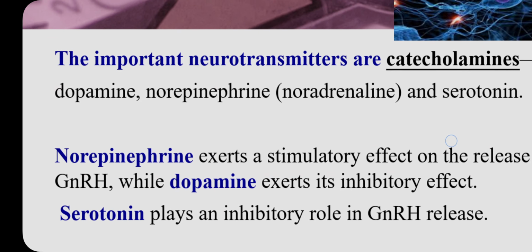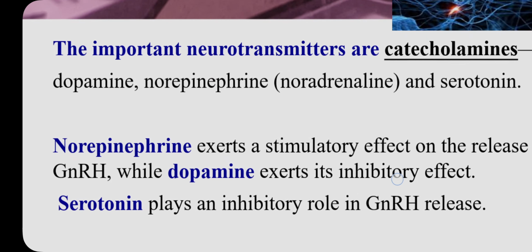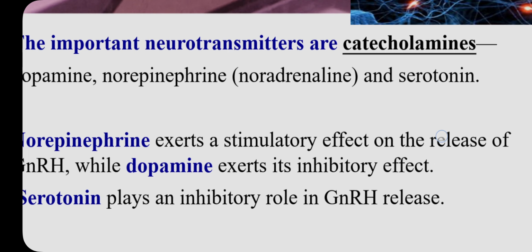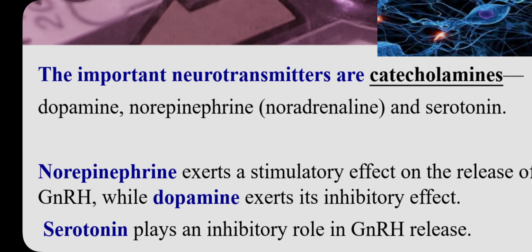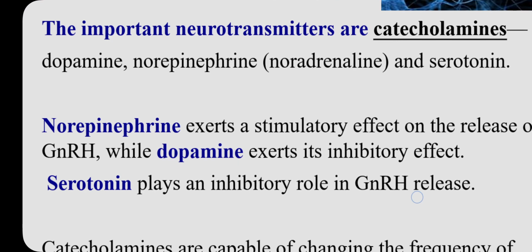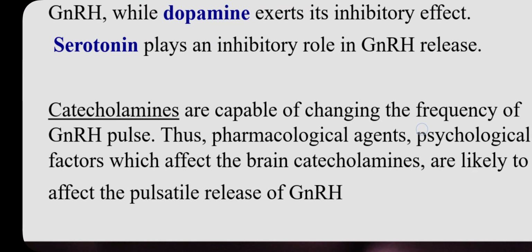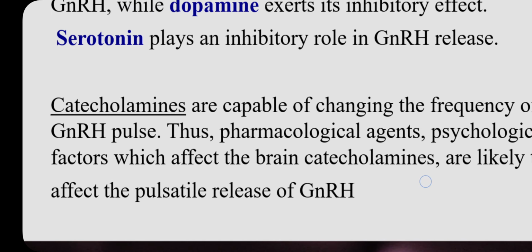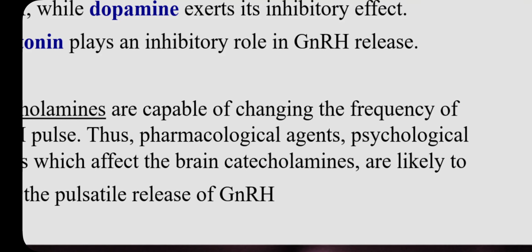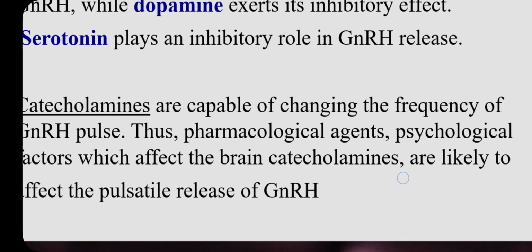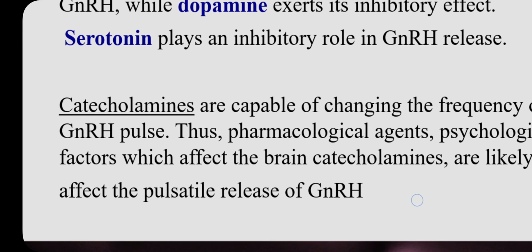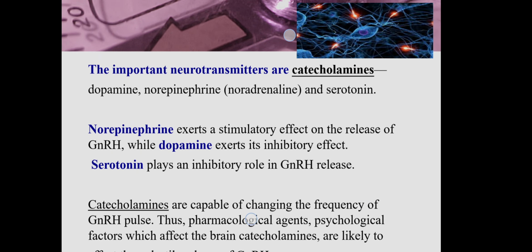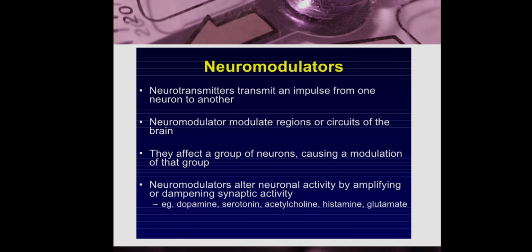So among these 3, only norepinephrine has a stimulatory effect on the release of GnRH, whereas dopamine and serotonin exert an inhibitory effect. These catecholamines are capable of changing the frequency of the GnRH pulse. Thus, pharmacological agents and psychological factors which affect the brain catecholamines are likely to affect the pulsatile release of GnRH. Okay, so this is about the neurotransmitters.